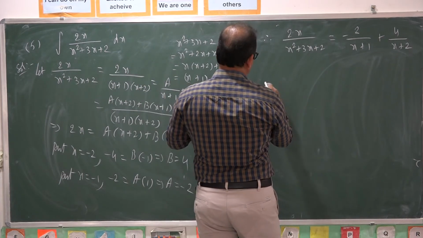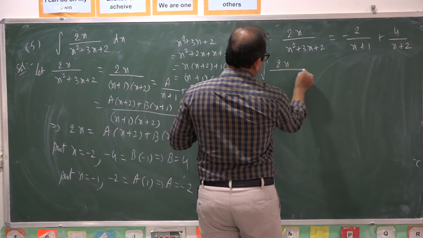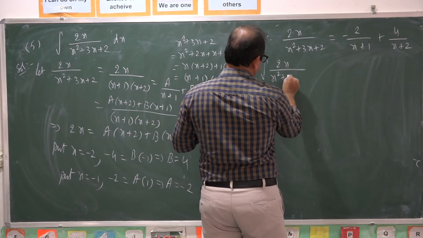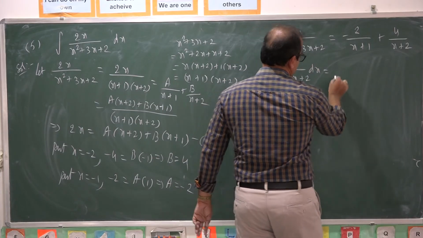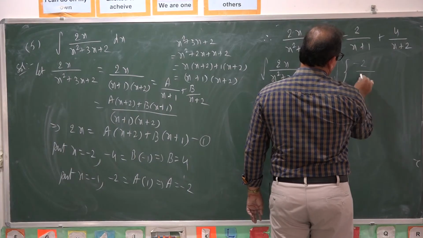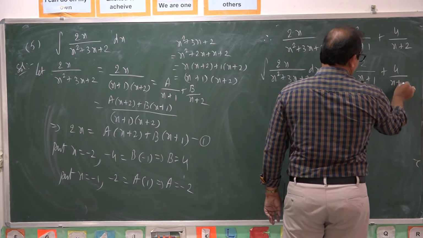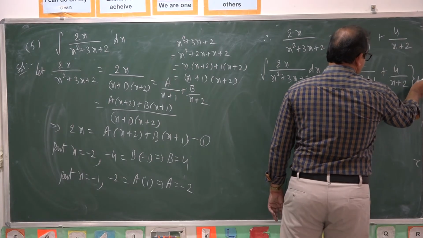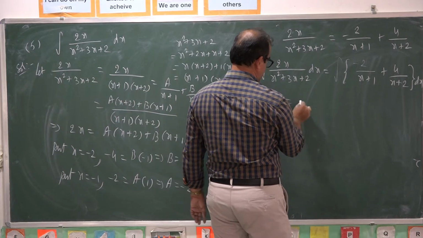Now integrate both sides. Integral of 2x by x square plus 3x plus 2 is equal to integral of minus 2 by x plus 1 plus 4 by x plus 2 into dx. Now separate the integration.